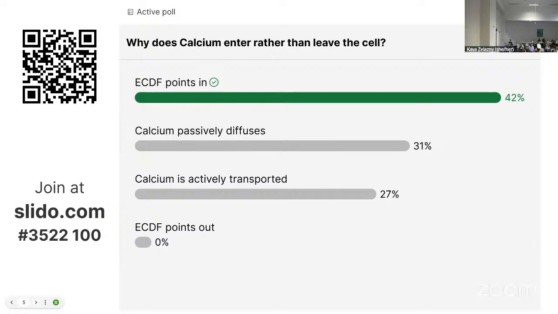Okay. So what's happening here? I guess this would be a passive process, although this would be facilitated, specifically we're going through a channel. The reason calcium is going in is that our body has set up our concentration gradient such that we have a lot of calcium outside the cell, like sodium, and it's fighting to get into our axon terminal.